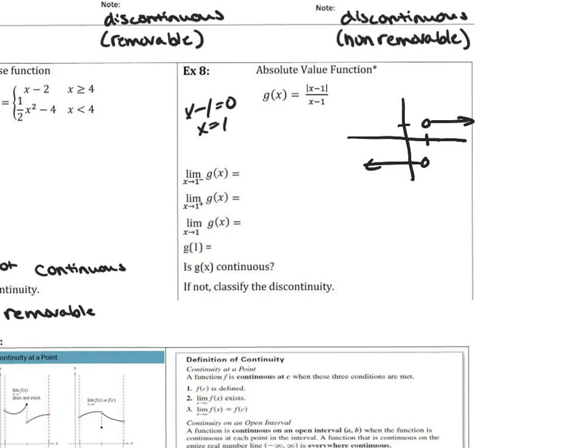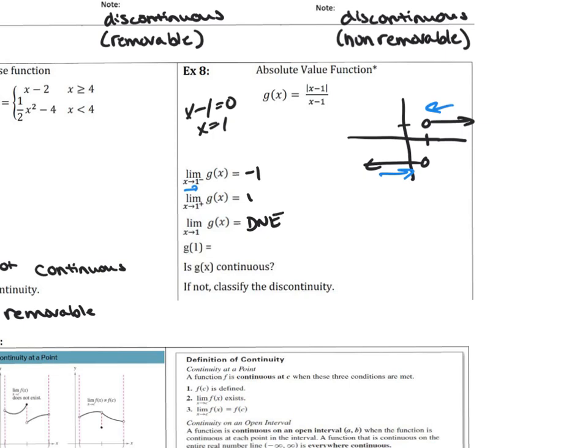Then we look at our limits. The limit as x approaches 1 from the left, our y values are approaching -1. The limit as x approaches 1 from the right, our y values are approaching 1, which means that our limit doesn't exist.